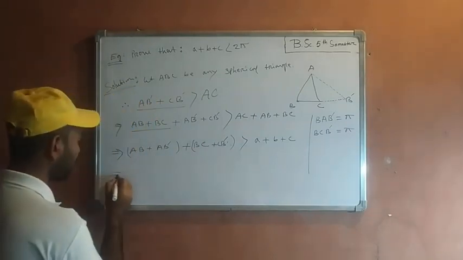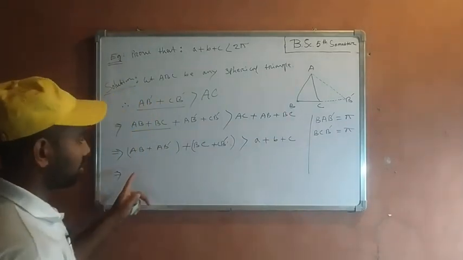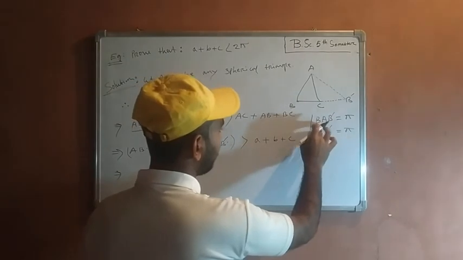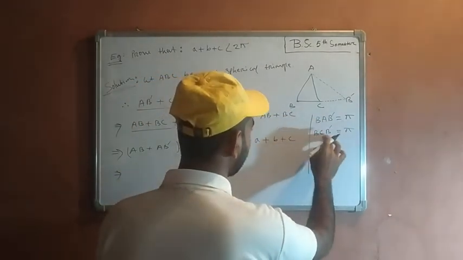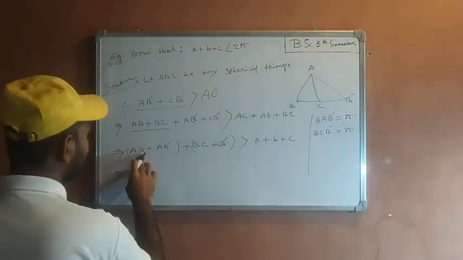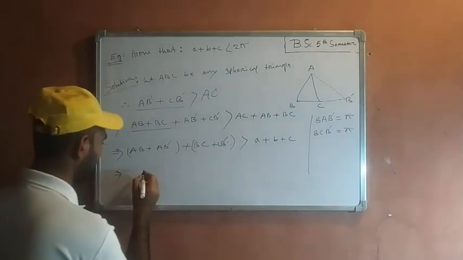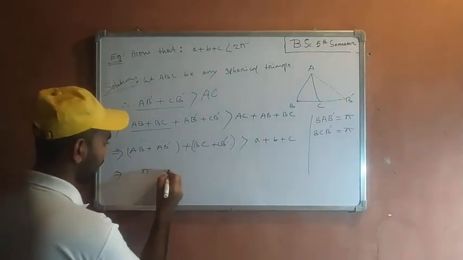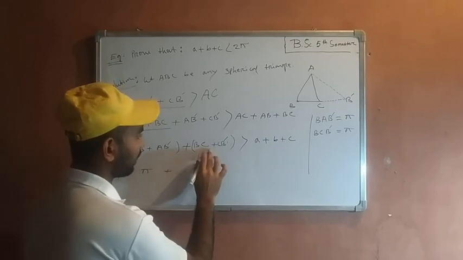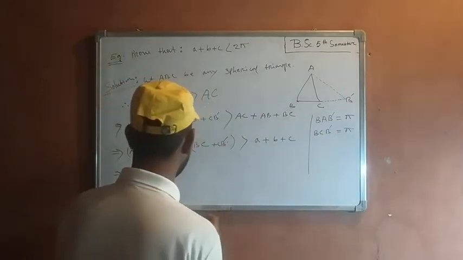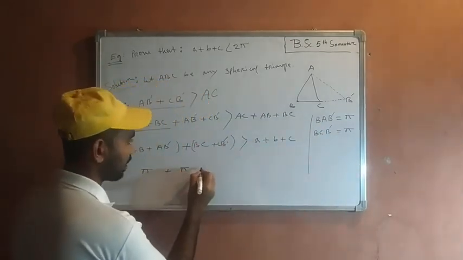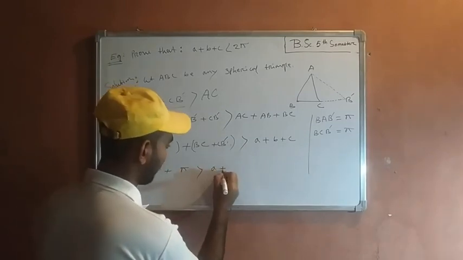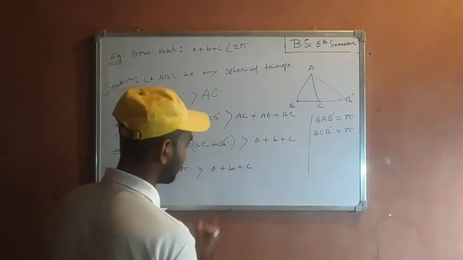I already know AB dash means pi and BCB dash means pi. Then AB plus AB dash means pi, plus BC plus CB dash means pi, is greater than a plus b plus c.